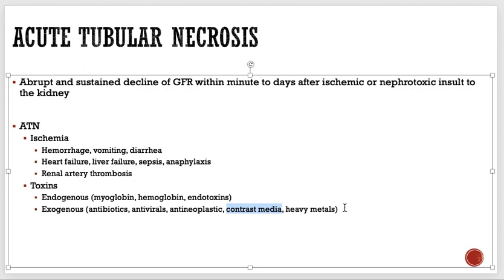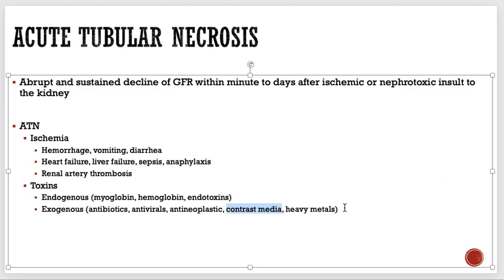Anyone who is a patient of chronic renal failure and needs a radiographic contrast medium, N-acetylcysteine can be given 1 day before the procedure, and then we give them sodium chloride or normal saline solution, isotonic fluids, to make them more hydrated.